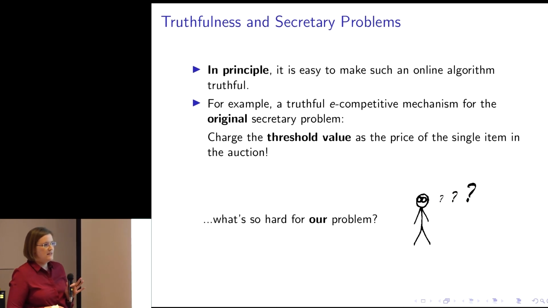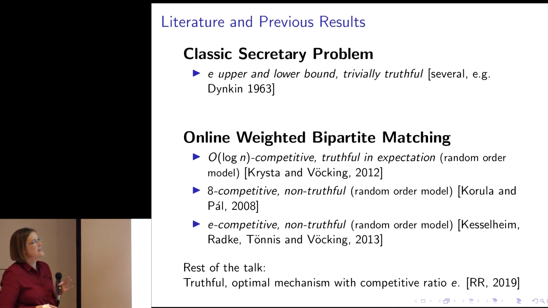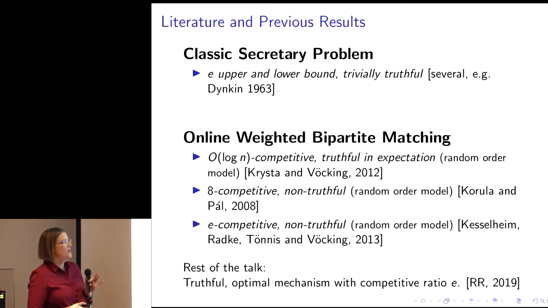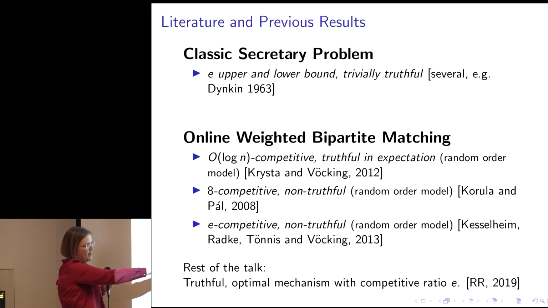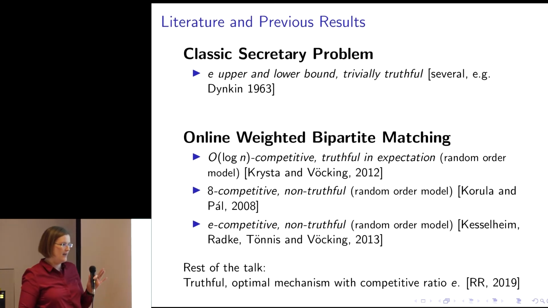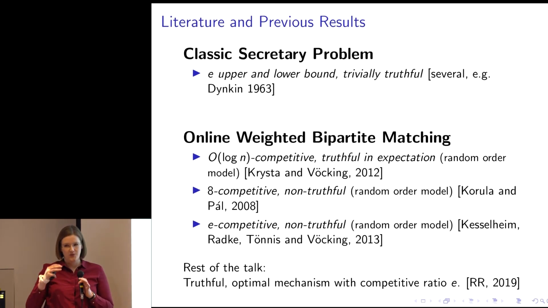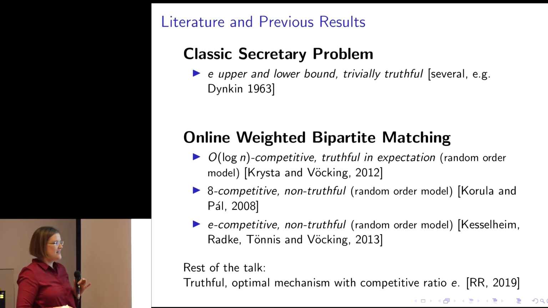So what's the problem here? The problem lies in the way the results previously known about this problem were obtained. There were 8-competitive and e-competitive algorithms from these papers, and the way they do their analysis is kind of hard to combine with truthfulness.